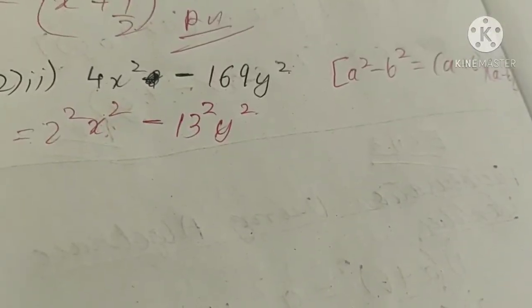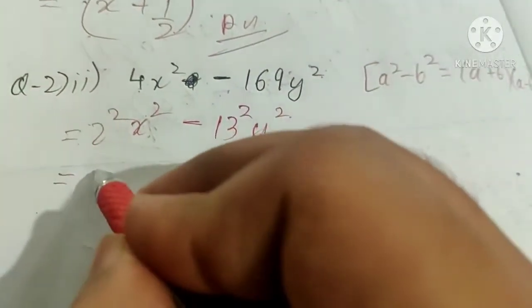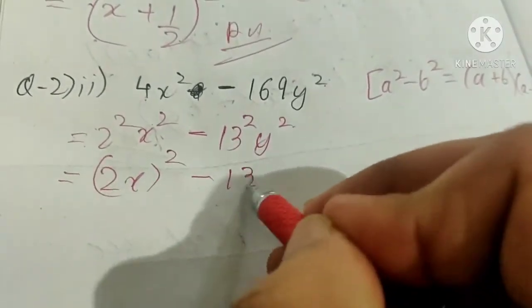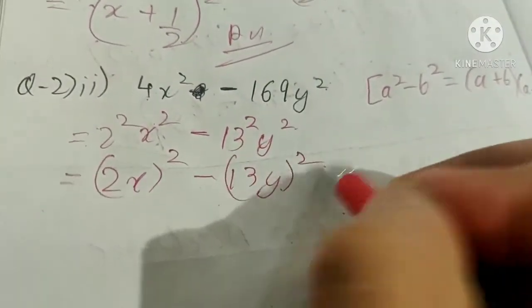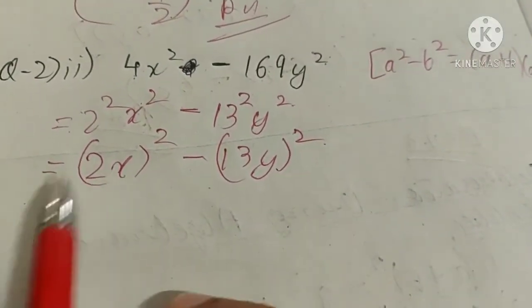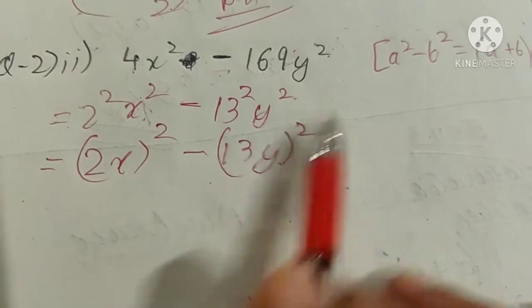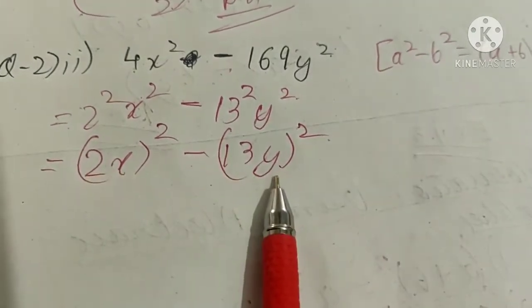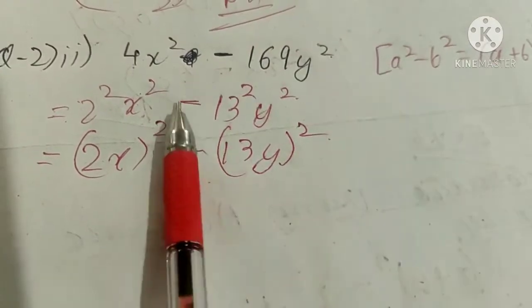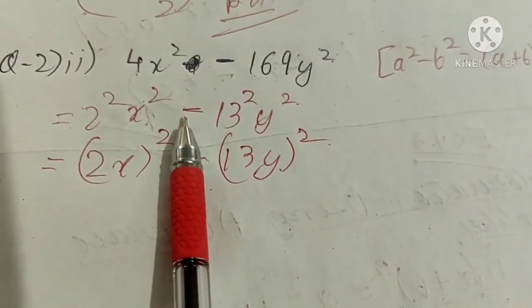Okay. If you check whether they are whole square or not, it can be written as 2x to the power 2 minus 13y to the power 2. So a square minus b square means the first and second term both are present in the whole square form, and yes, they are in the difference form also.